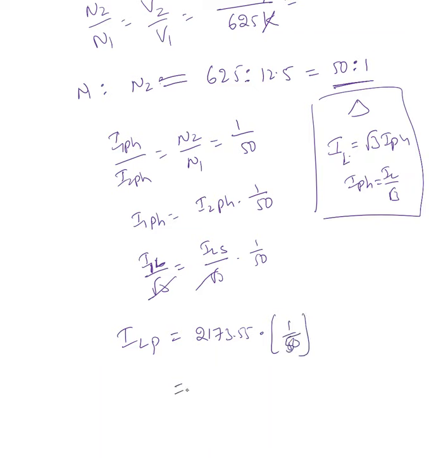That will give you the primary line current, because the square root 3 gets cancelled out. That value is 43.471 ampere. I'll stop this video here. In the next video, I'm going to solve a couple of examples similar to this. Thank you.